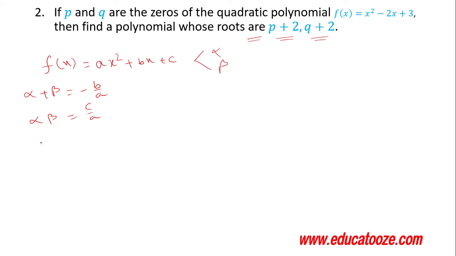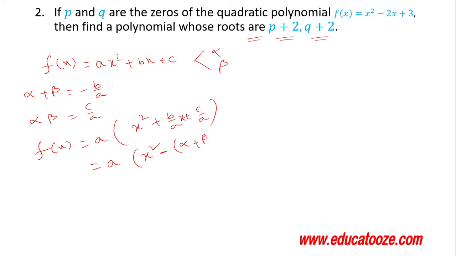Look at this f of x. If you take a common, it becomes a into x squared plus b by a x plus c by a. Here b by a can be written as minus of alpha plus beta, and c by a can be written as alpha beta.